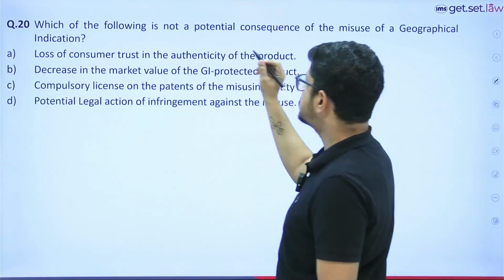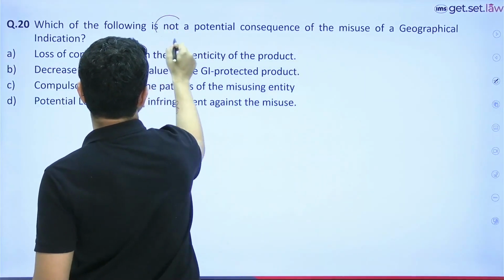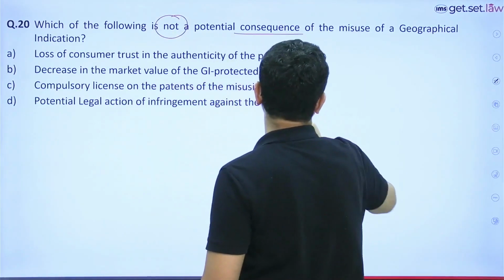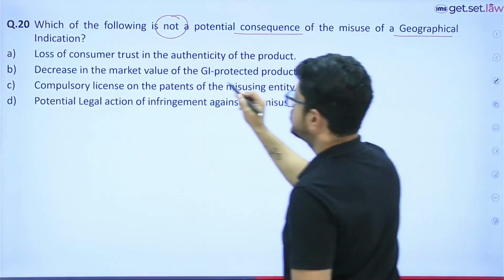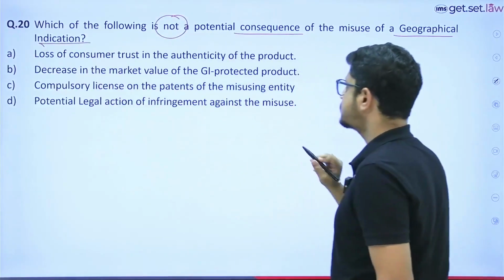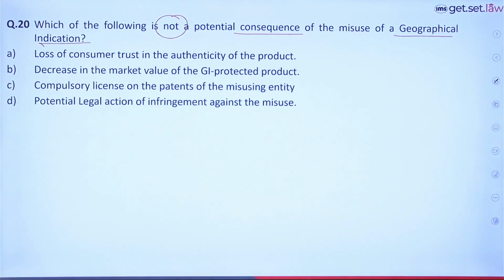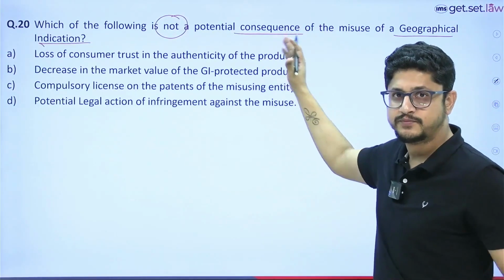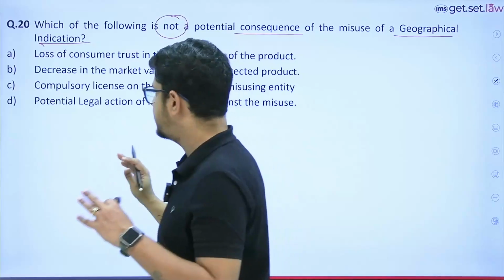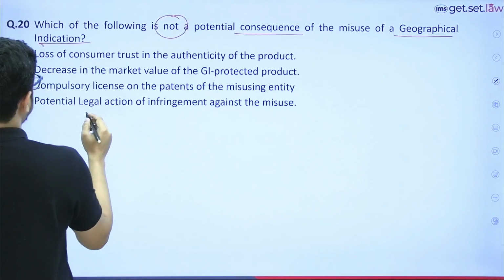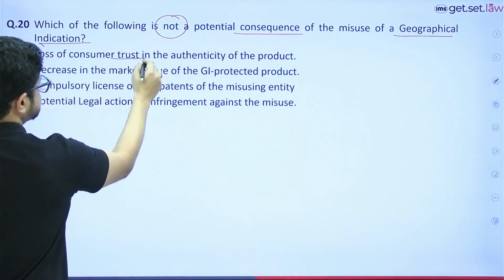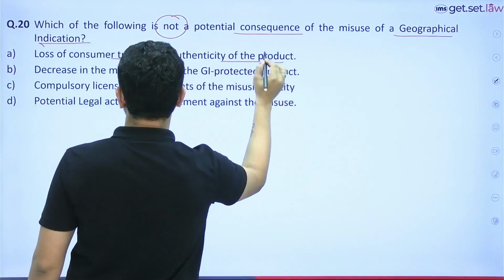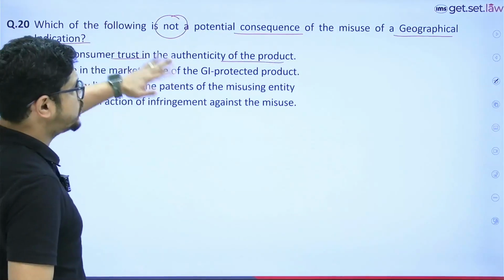Let's see the next question. Which of the following is not a potential consequence of the misuse of geographical indication? Now we need to completely understand the question, which says it is not a potential consequence, which can't be taken under legal action. So it says loss of consumer trust in the authenticity of the product. Is it a consequence?